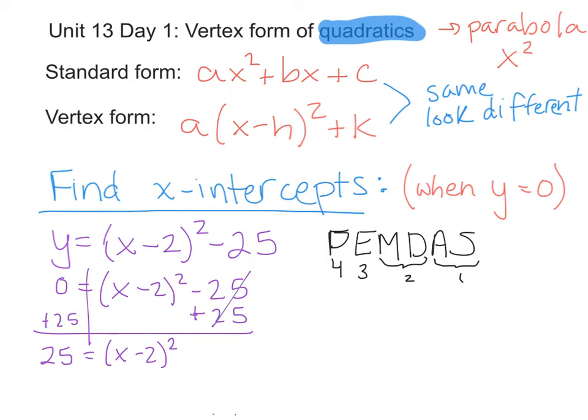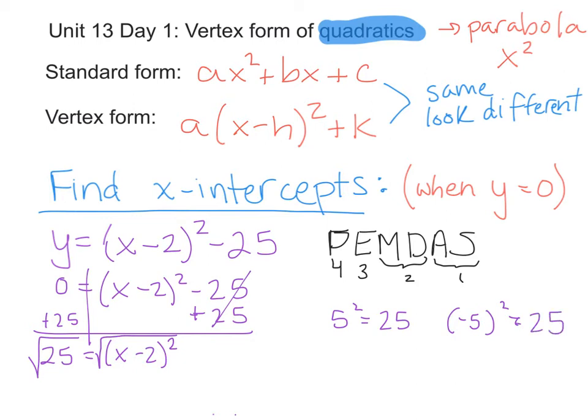Now we need to undo squaring. What's the opposite of squaring? Well, it's a square root. So I need to take the square root of both sides. This is where we need to have a conversation about square roots. The square root of 25 is 5, but 5 squared gives you 25, and negative 5 squared also gives you 25.